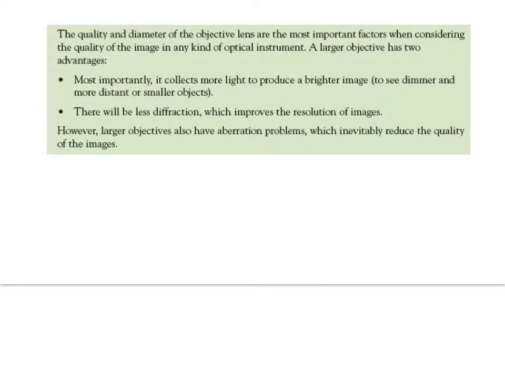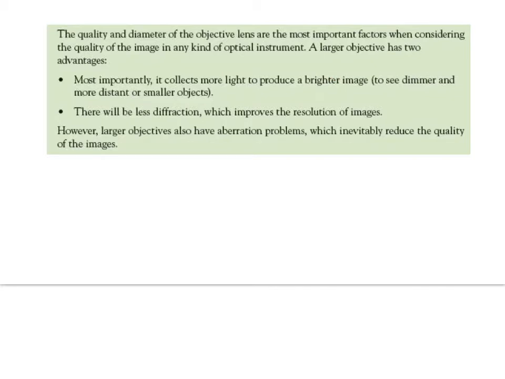Let's look at some advantages and disadvantages of using big lenses. The quality and diameter of the objective lens, that's the first lens, the one that receives the light, is a very important factor in considering quality of image. The larger objective has two advantages. Note this, something you have to learn off by heart because it will come up. By being larger, it will collect more light, so it produces a brighter image.